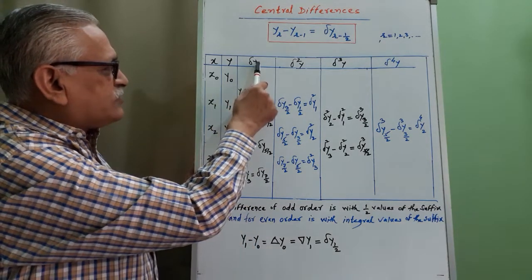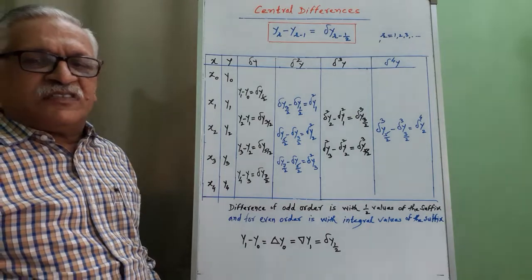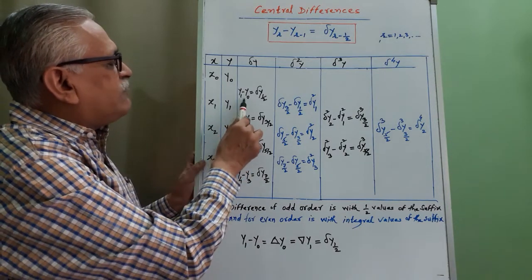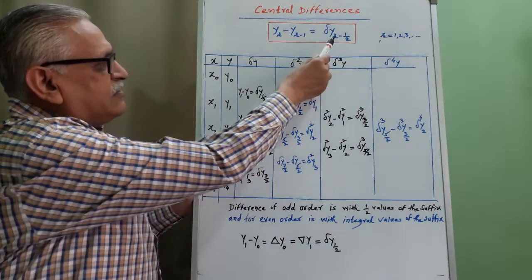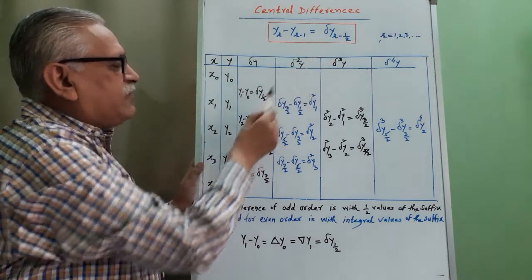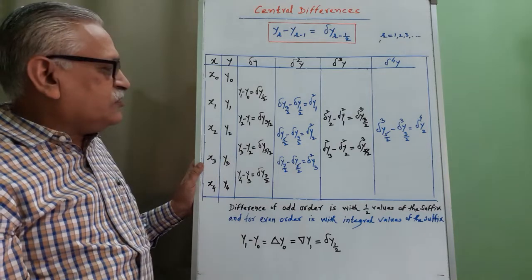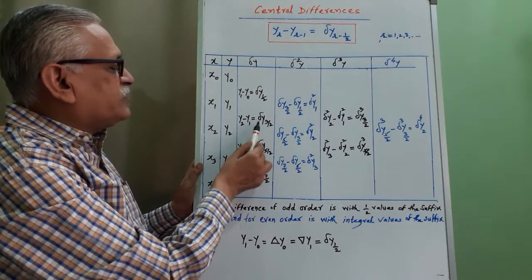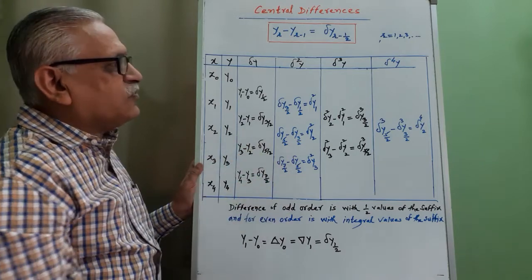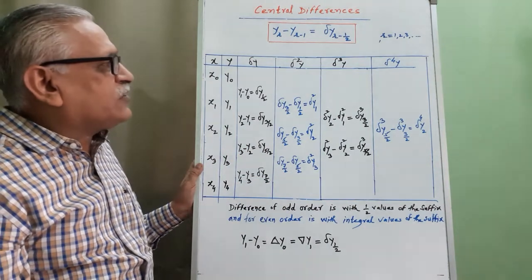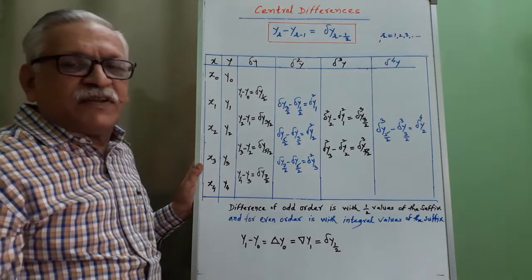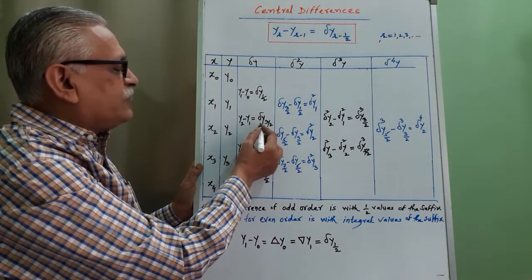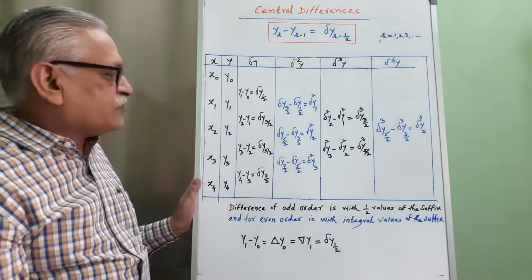Therefore, the first column of central differences, that is delta y: y1 minus y0 is delta y with suffix 1 minus 1 by 2, which gives delta y 1 by 2. Then y2 minus y1 is delta y with suffix 2 minus 1 by 2; if we cross multiply, it becomes 4 minus 1, that is 3 by 2, so it is delta y 3 by 2.